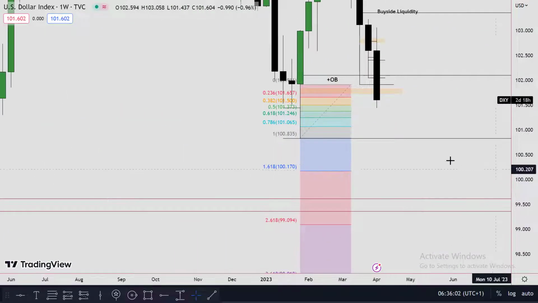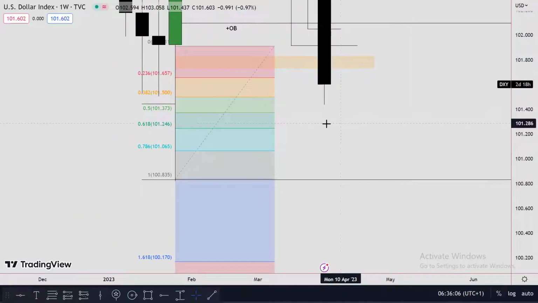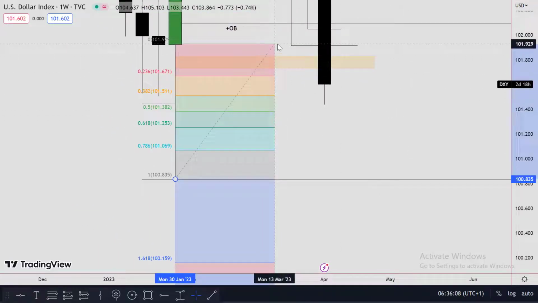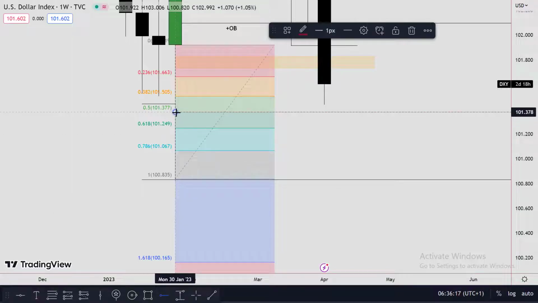Currently I would like to know where 50% of this candle wick is. I'd like to mark 50% of the candle wick between the high here and the low. Then I'll pick this and mark out 50% of that candle wick.